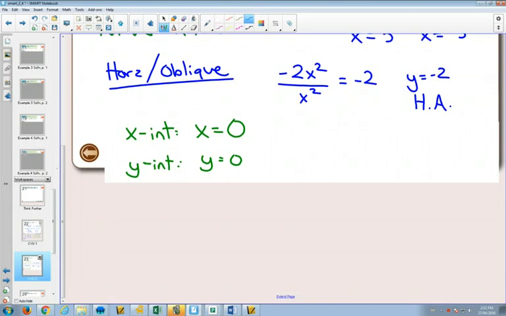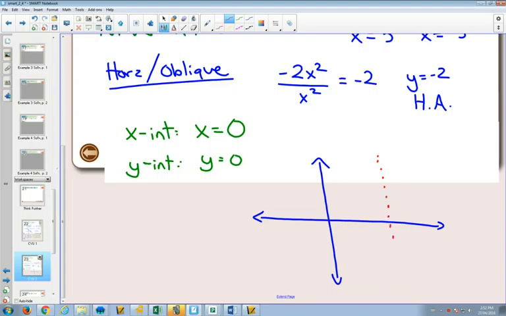Now when we go to sketch the graph, what we're going to do is label all of our asymptotes. So we have an asymptote here at x equals 5, another one here at x equals negative 5.